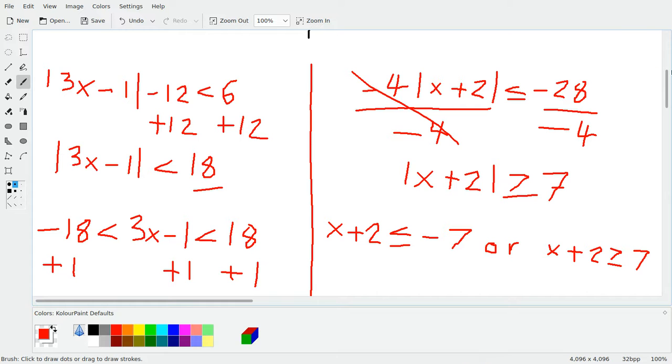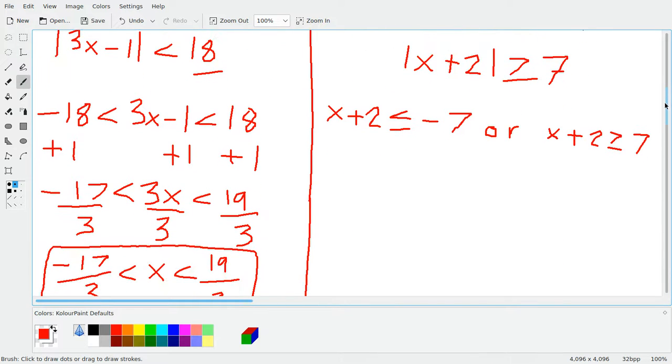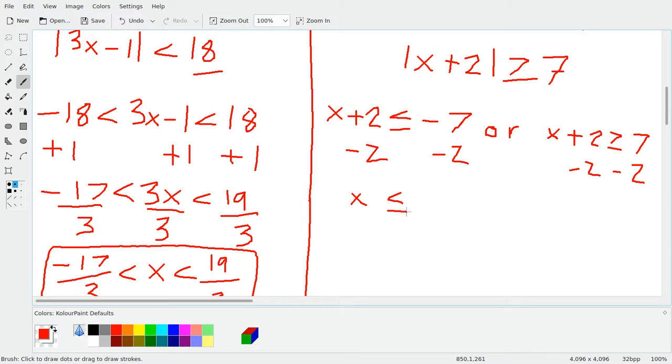Now we solve each of those parts individually by subtracting 2 from both sides of both inequalities.